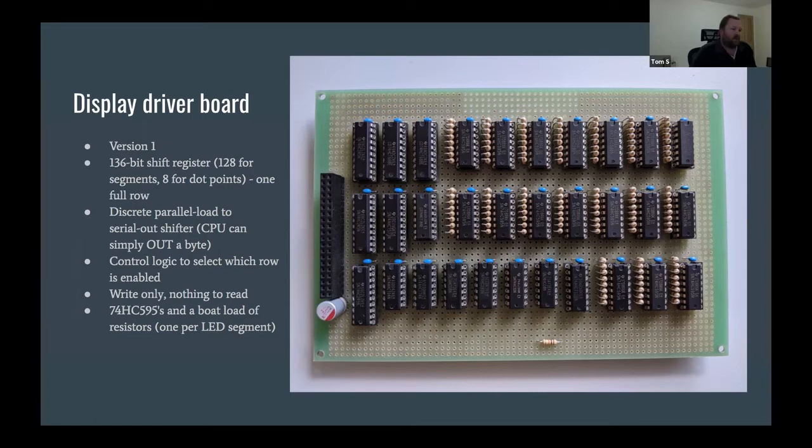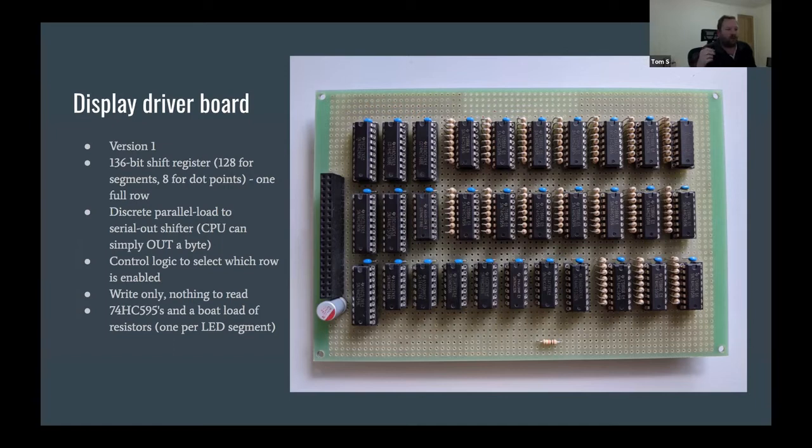Once you've shifted out all of your bytes to set up the new data for what needs to be displayed, you can then write to a control latch and set which row you want to display that data on. The act of doing that also latches the data from the shift registers into their outputs.